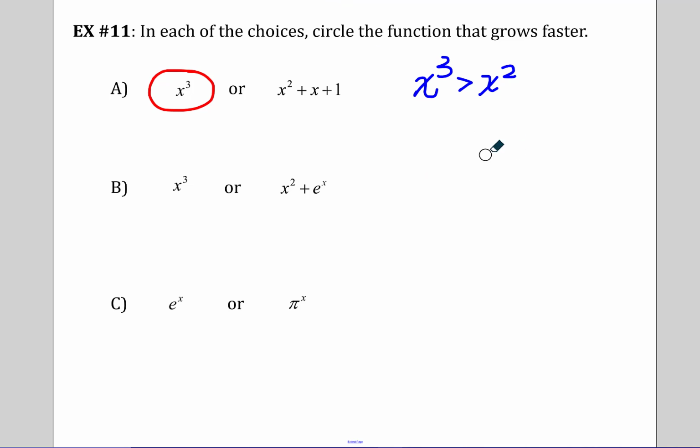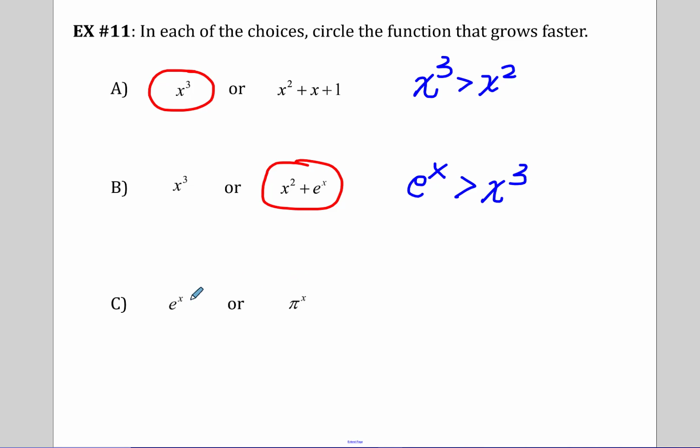And we saw that with the table. So we have this one growing much faster than x cubed. And like I said, the reason basically is the piece that's e to the x is going to way surpass x to the third.